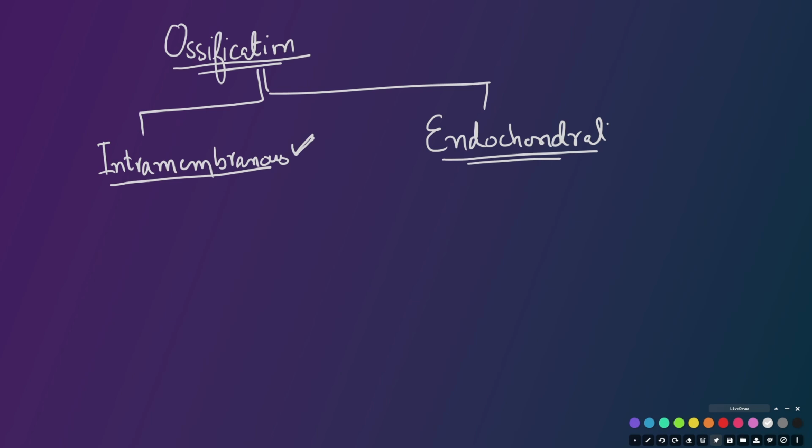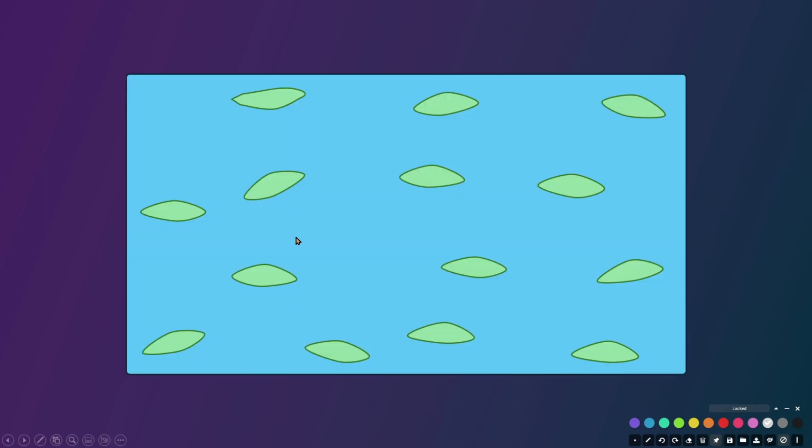So let's start from a very basic concept. Let's suppose you have the mesenchyme. You know what is mesenchyme? Mesenchyme is embryonic connective tissue. Embryonic connective tissue, or any type of connective tissue per se, consists of irregularly arranged cells, and those cells do not have a specific shape.